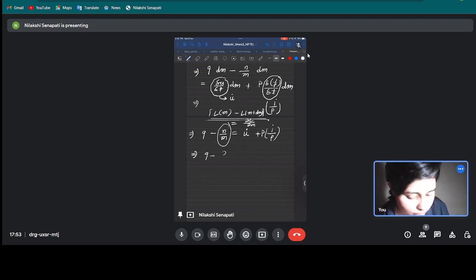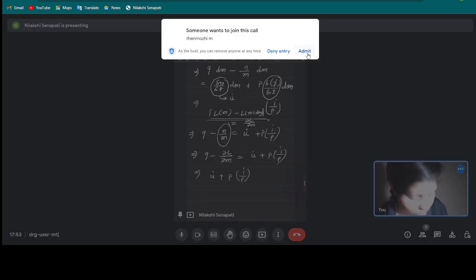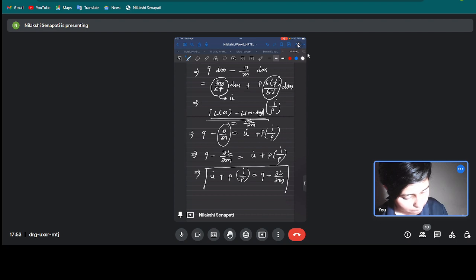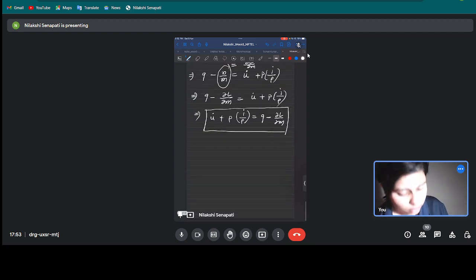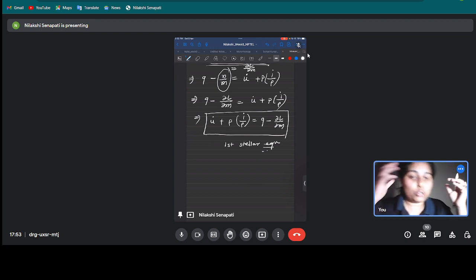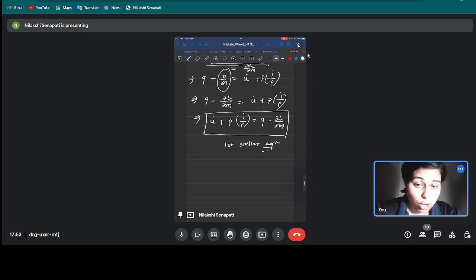So finally what we get is, this is the first equation that we got, and yes, this is the first stellar equation that we have arrived at.